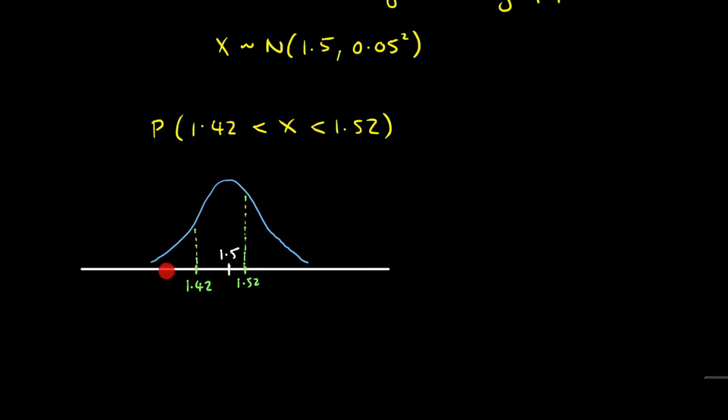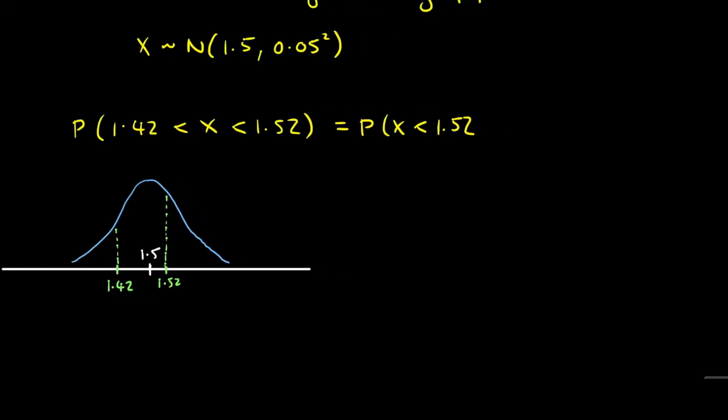So we can rewrite this and say that the probability we're actually being asked to find is the probability that x is less than 1.52 minus the probability that x is less than 1.42. So we've broken down the problem into two separate parts.